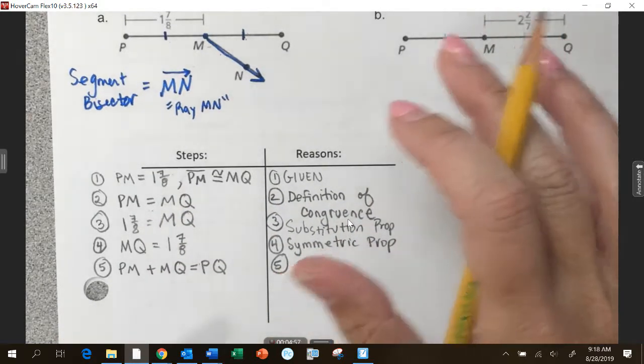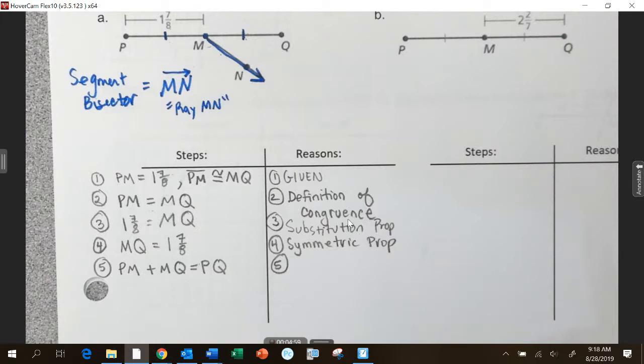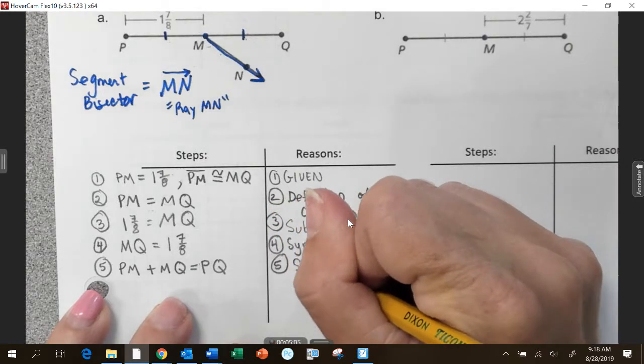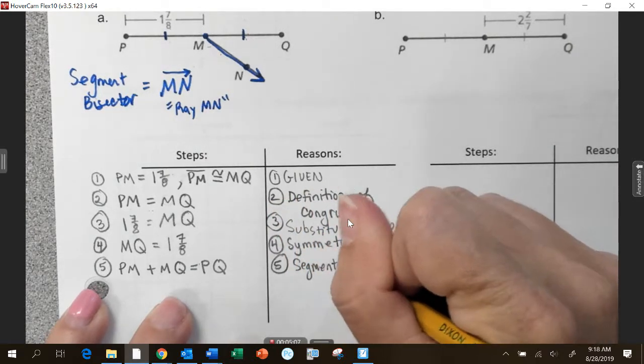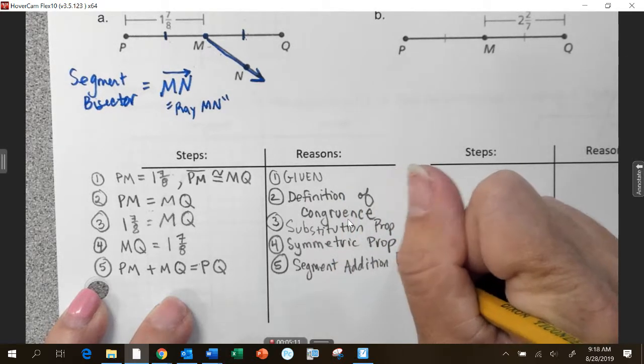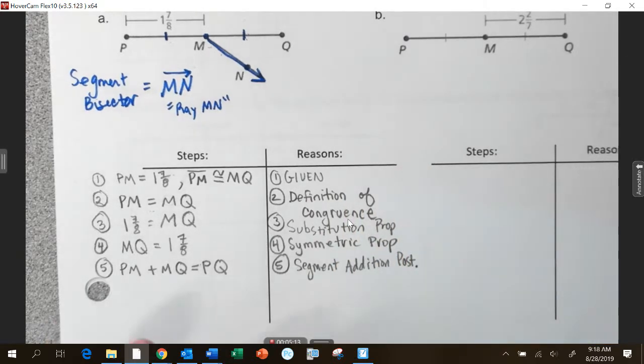John, you remember? I think there's segment addition. You got it. Segment addition postulate. So that's what allows me to say I can add the two pieces together and get the whole thing.